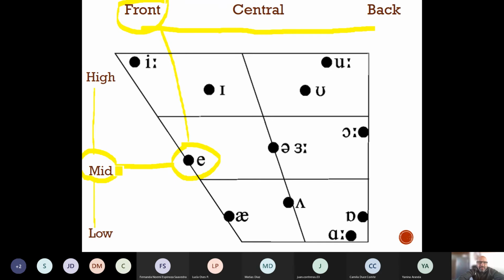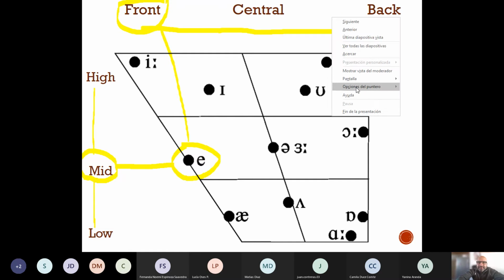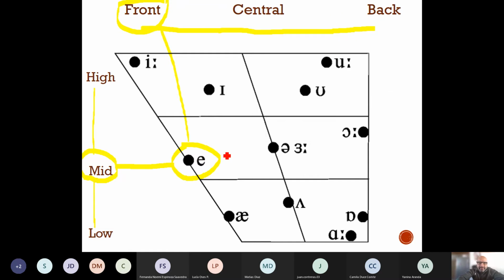In terms of length, is it long or short? I would say it's a short vowel sound.